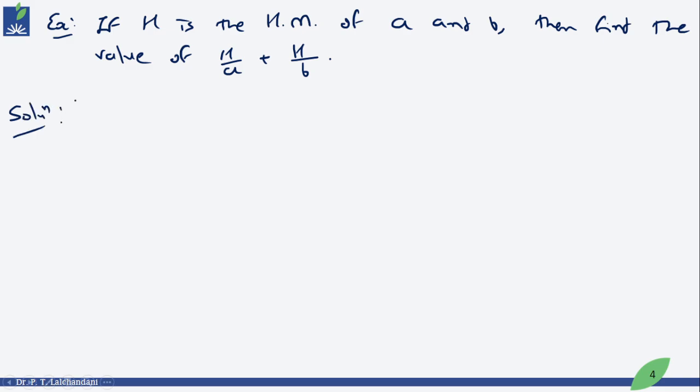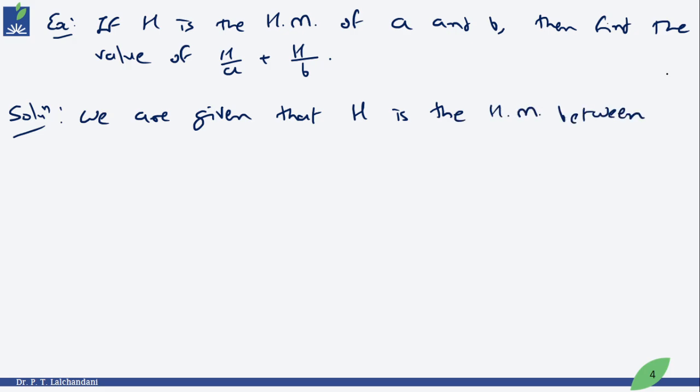And what is the question? We are given that h is the harmonic mean between a and b. So let us note down the fact. What we are asked is to find the value of h upon a plus h upon b.